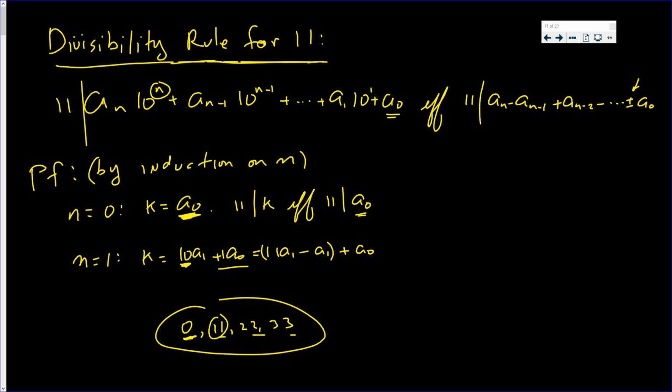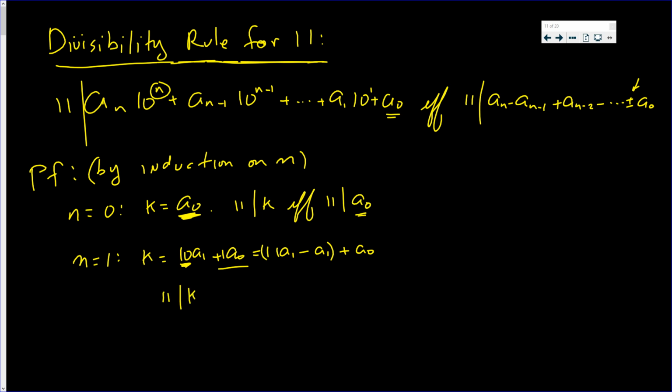All right. Now, 11 divides k if and only if 11 divides this expression. And this is how I want to write k. Let me just write this slightly different.